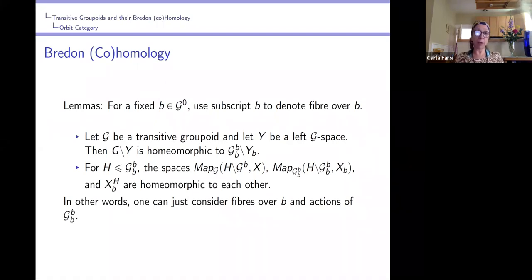It could be any space. So we have this correspondence between objects in the groupoid category and orbits there with objects in the group action category and spaces and quotients there. So that's more or less what this slide is saying in more technical terms.